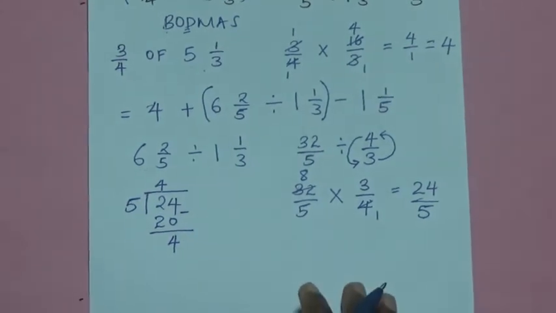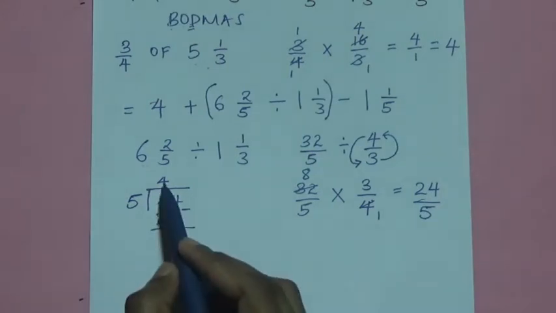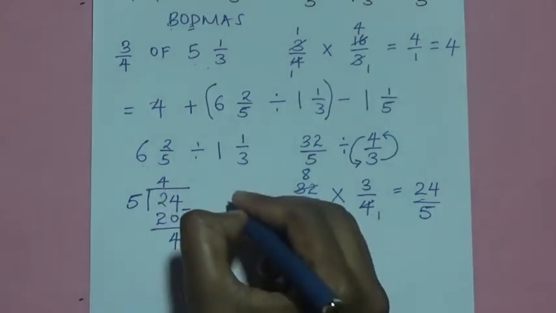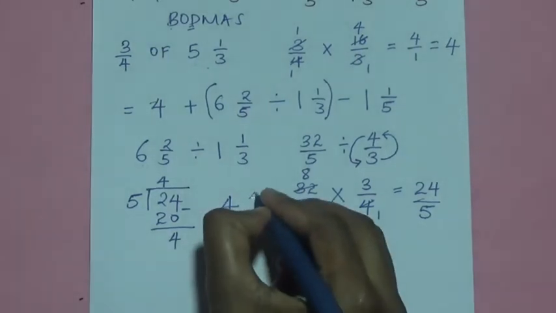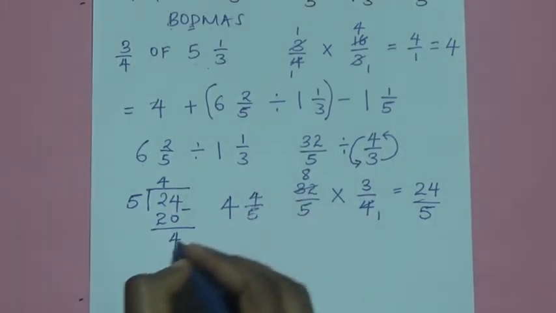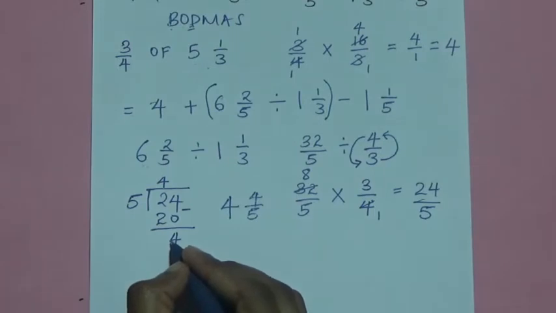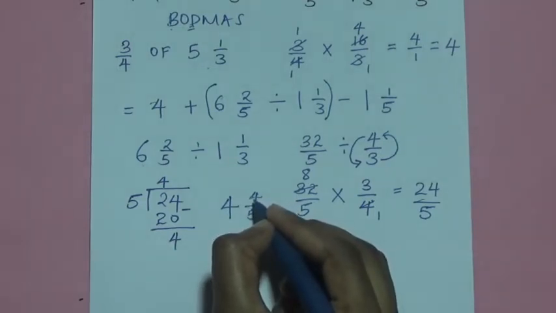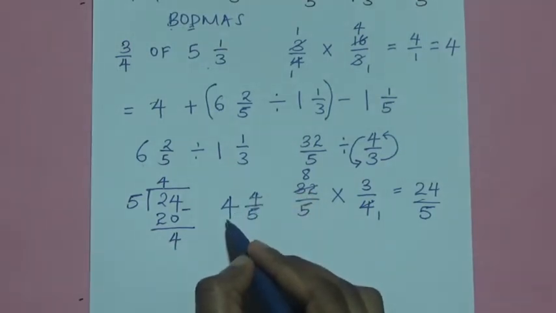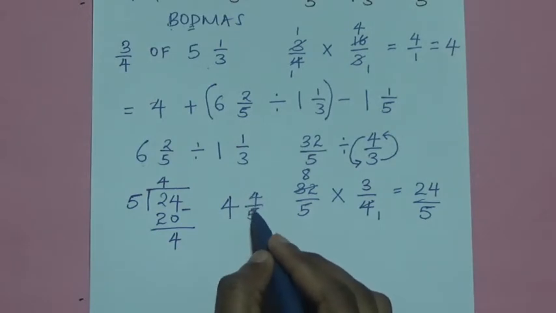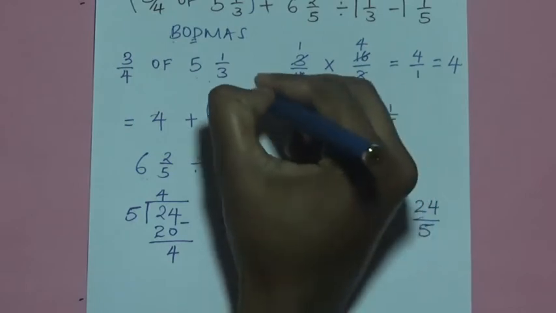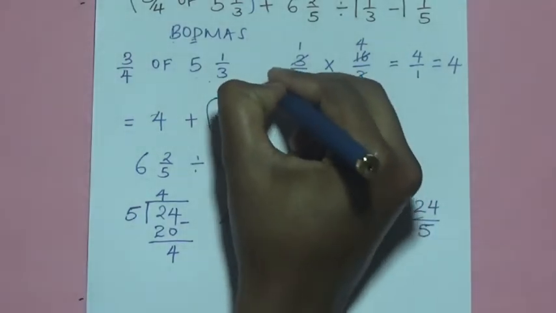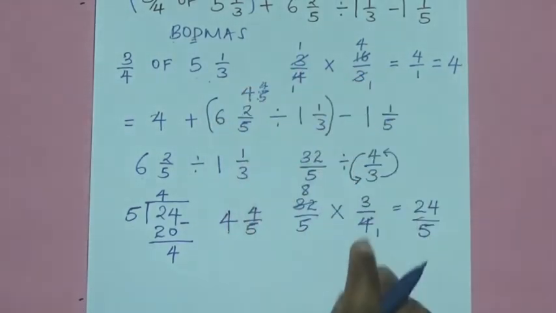Therefore, as a mixed fraction, it will be 4, which is a whole number, and 4 over 5. 4 is the remainder, so it will become the numerator. So you have 4, a whole number, and 4 over 5. So that will be the answer here: 4 and 4 over 5.